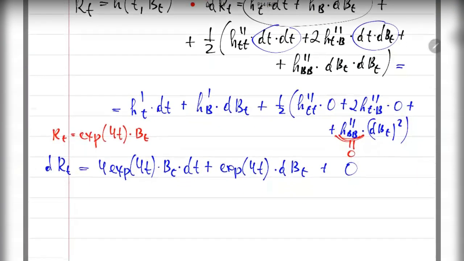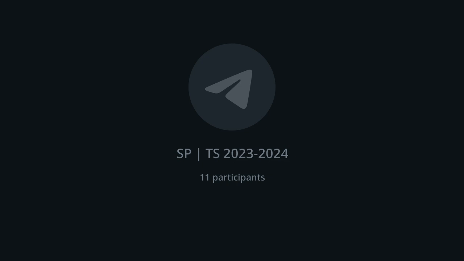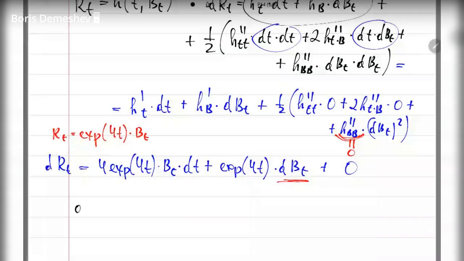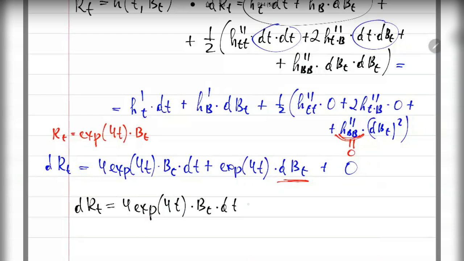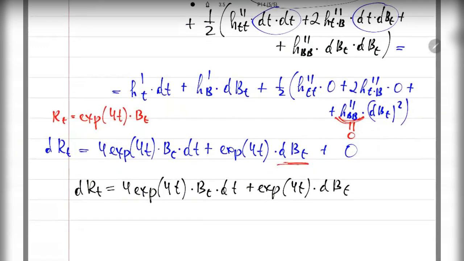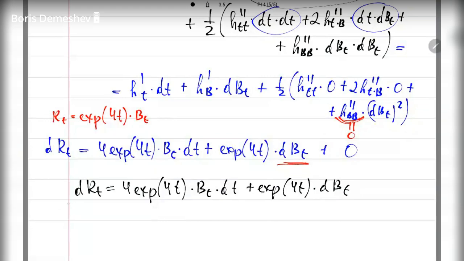Okay, let's plug in the value of dBt. What is dBt? I have dRt is 4 exponent of 4t times Bt dt plus exponent of 4t times dBt. That's one expression for dRt.